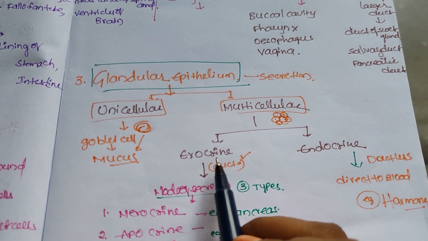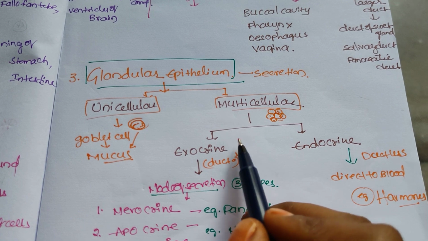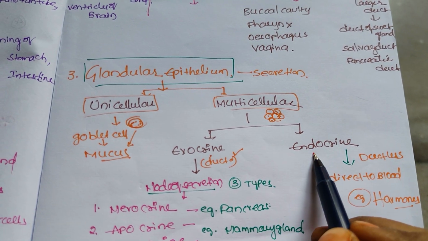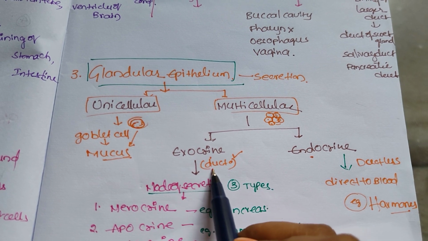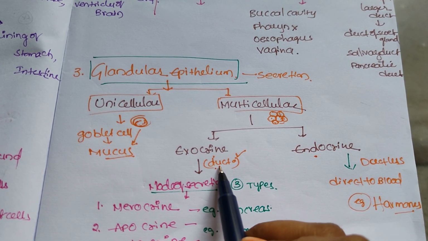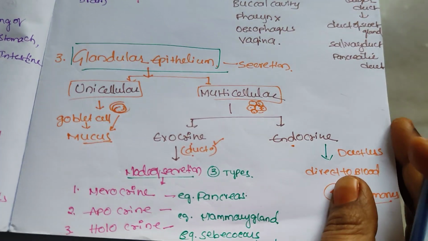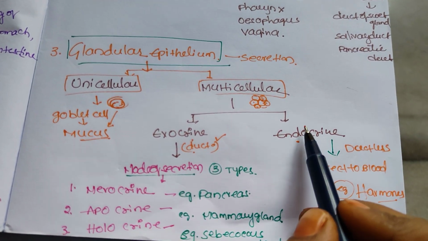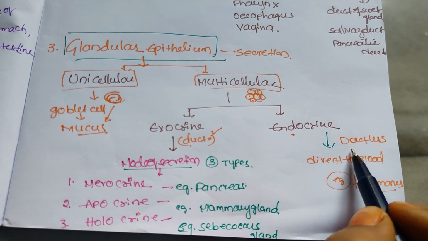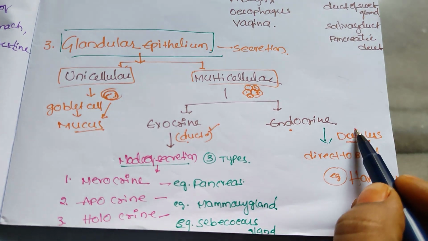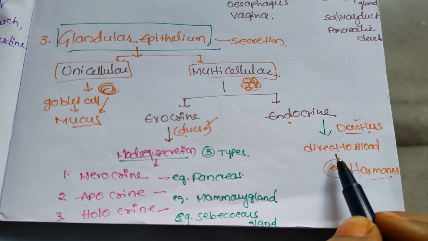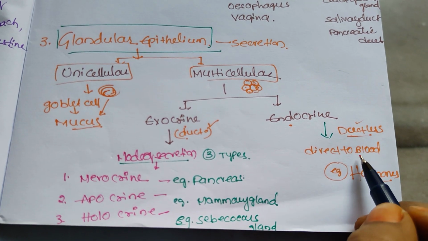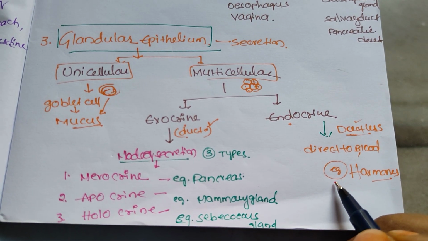Based on the ducts, they are two types, exocrine and endocrine. Exo means exit. With the help of ducts they can secrete their secretions to the target places. Endo means inside; they are ductless, so there are no ducts, that is why the secretions go directly to the blood, that is to the target organs.